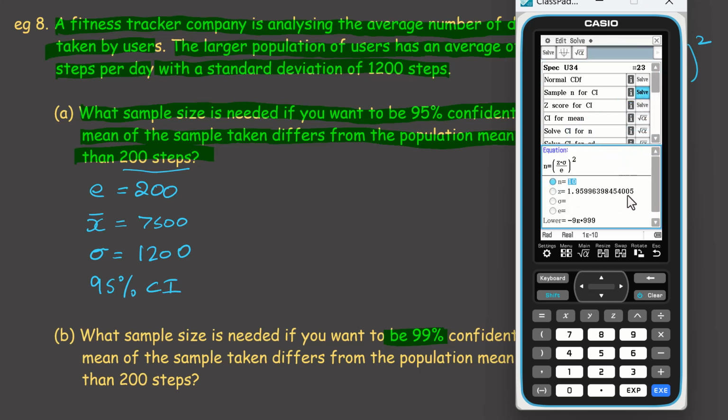Notice how it's put the Z-score in there for us, which is just great. We're trying to find N, so leave that one there. Our sigma is 1,200, and we want E to be 200. And then we're just going to hit solve, and it tells us N is equal to 138.29.